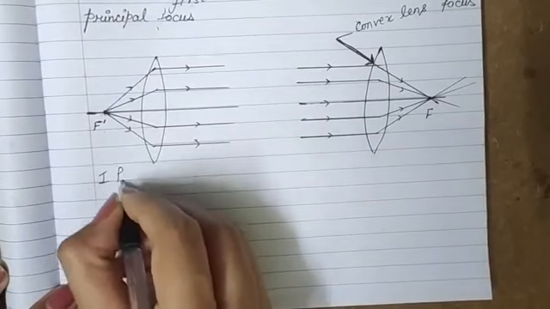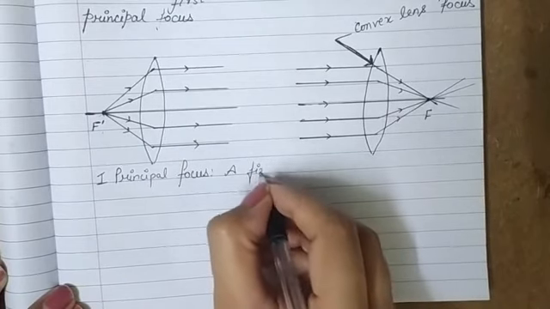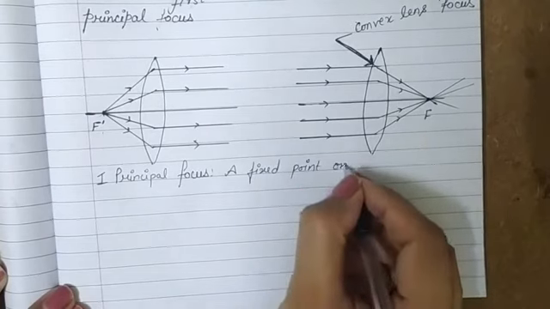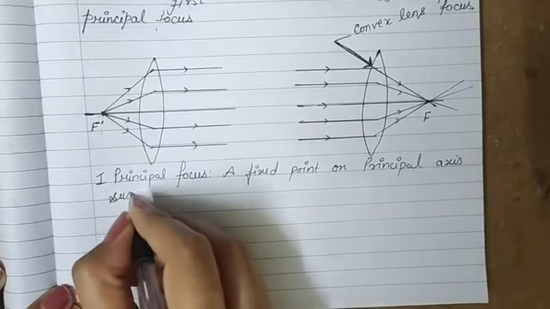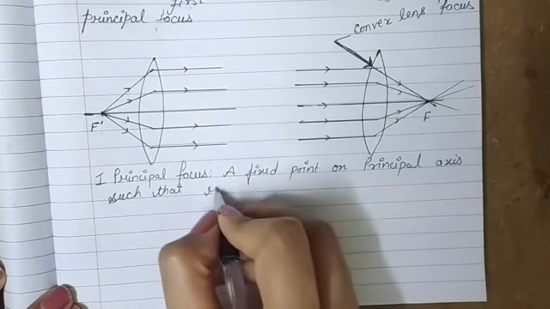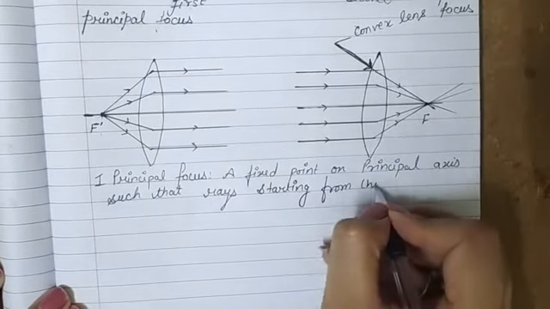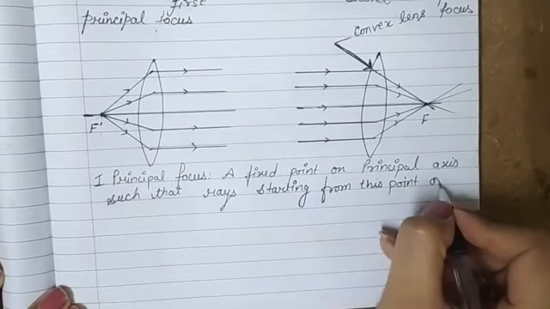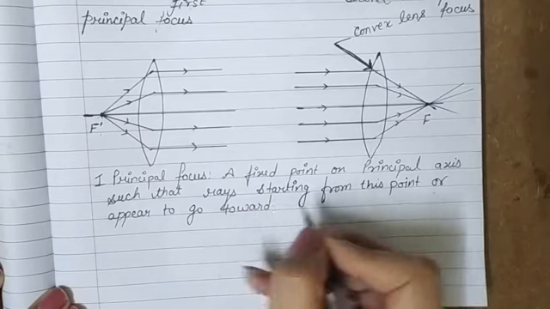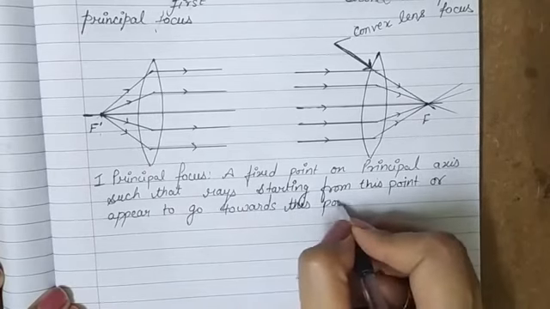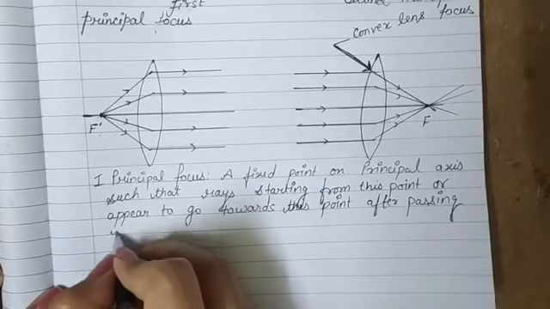So this is for first principal focus: a fixed point on principal axis such that rays starting from this point, or appear to go towards this point, after passing through the lens become parallel to principal axis.